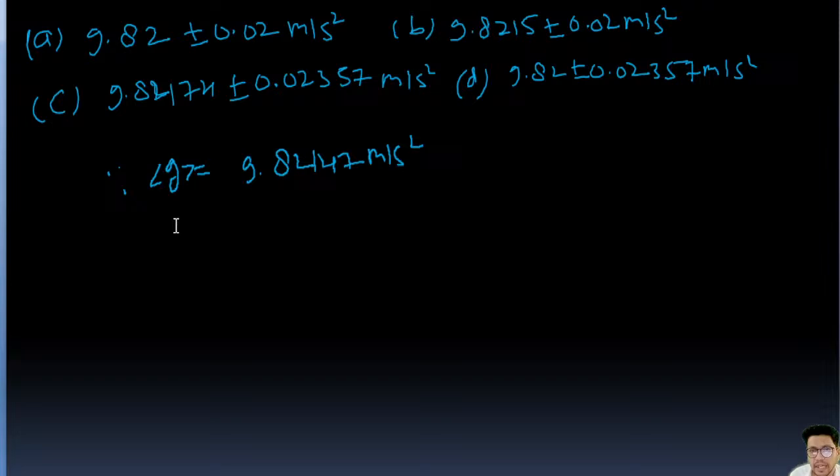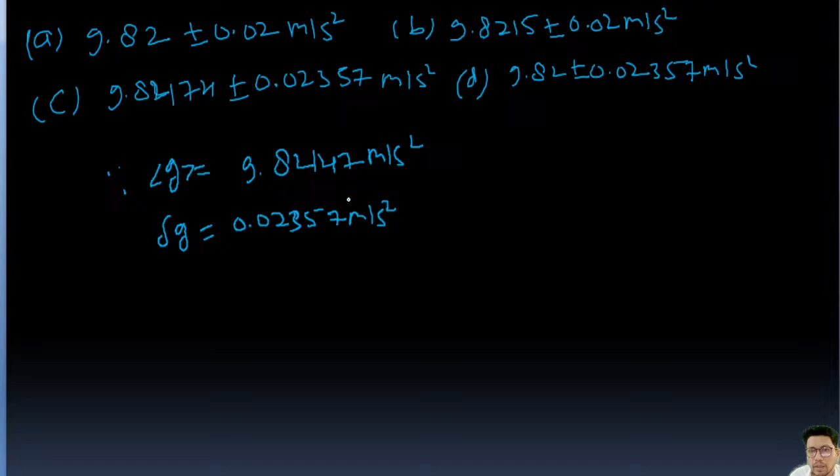And delta g, that is the uncertainty, is given as 0.02357 meter per second square. Okay, so this is given.